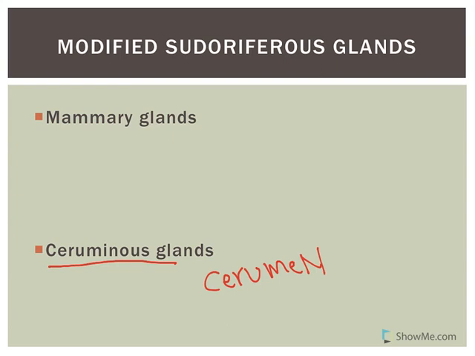It also helps to soften the inside of the ear, along with something called sebaceous glands that we're going to talk about inside your ear. Now, mammary glands are also modified apocrine glands, and they secrete breast milk. That's all I'm going to talk about for now.